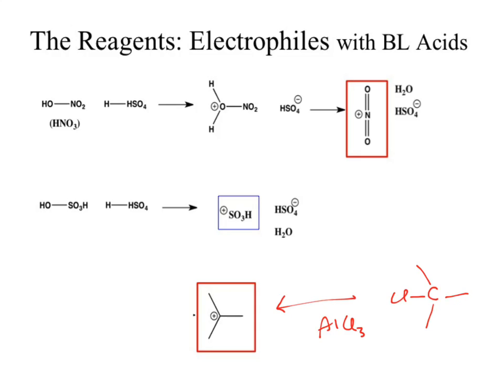We could generate it in that case, but that uses what type of catalyst? The aluminum trichloride, which was a Lewis acid catalyst. This slide is about Bronsted-Lowry acid catalyst. So how can I make that carbocation without using a Lewis acid? Okay.